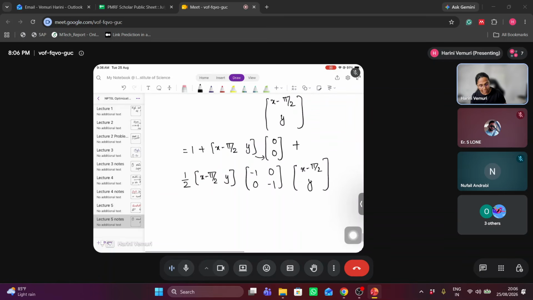Here, if we multiply these two by matrix multiplication, it will be equal to 0, 1 plus 0, plus 1 by 2 into, first I am multiplying these two matrices. So it is minus of x minus pi by 2, then minus y.